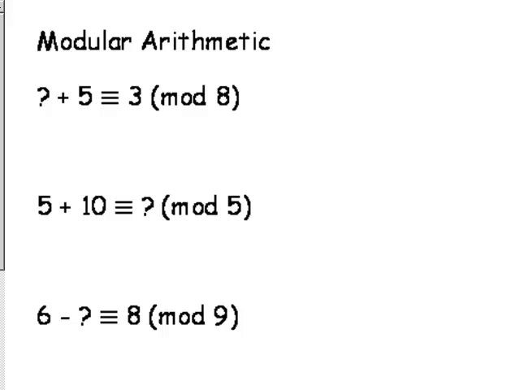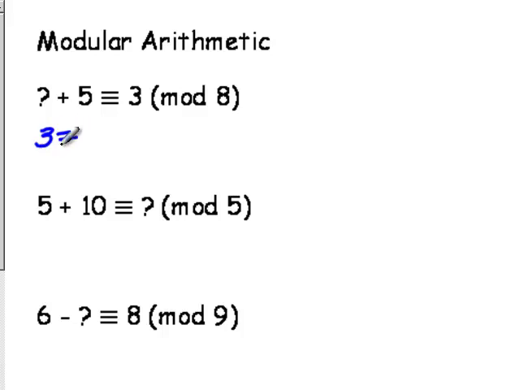Today we'll look at some examples of modular arithmetic. Our first example says, what number plus 5 would be congruent to 3 in mod 8? What numbers would be congruent to 3 in mod 8?